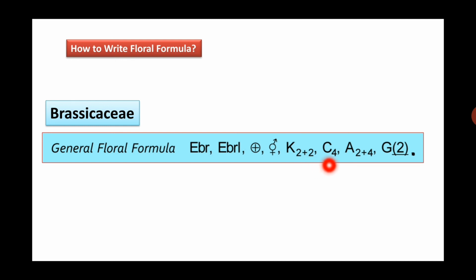C4 means petals are 4 and polypetalous. A 2 plus 4 means tetradynamous condition. Stamens are 6, 2 short, 4 long. G, 2 in bracket and underline, that means carpels are 2, bicarpellary syncarpous and ovary superior.